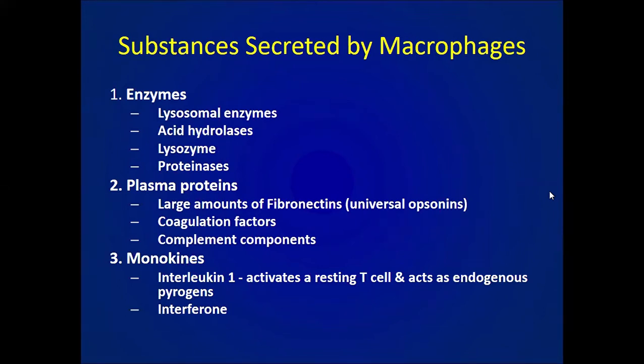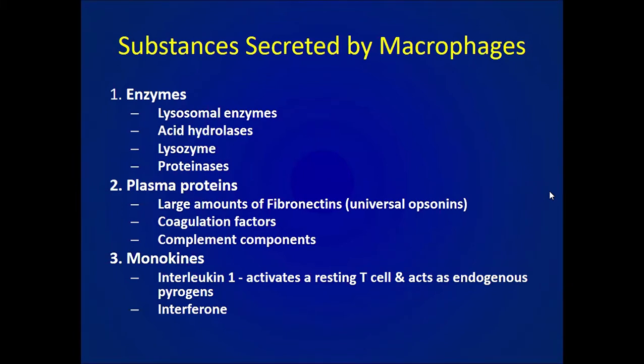It is like icing, to make it appetizing for the macrophages to ingest or phagocytose the antigens. Then also the macrophages produce coagulation factors and some of the complement components.